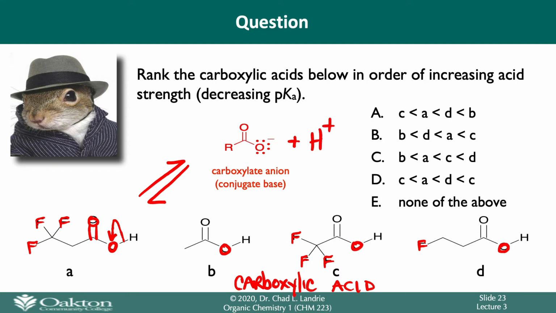So the question we have to ask is, which carboxylate anion is the most stable for these carboxylic acids? The most stable carboxylate anion will come from C, because C has 3 fluorine atoms, and they are the closest to the oxygen losing the hydrogen atom.